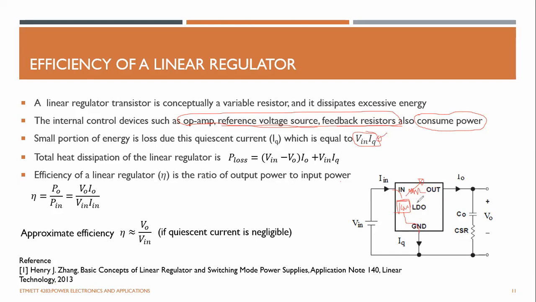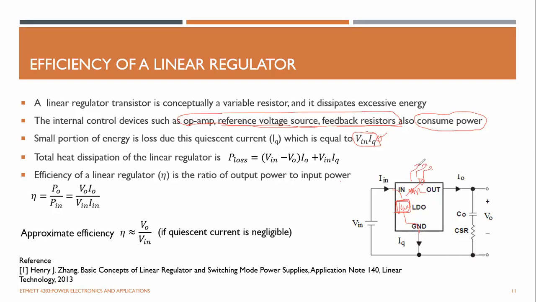Designing this part for the lowest quiescent current will enable you to save battery life. The control circuit requires power, so we have to reduce that power as much as possible. But that is a very small portion compared to the heat dissipation across this variable resistor, right?